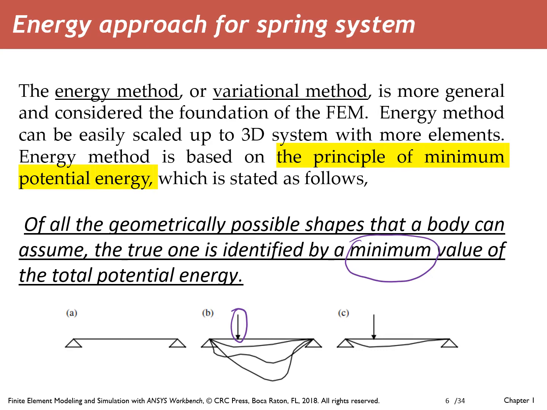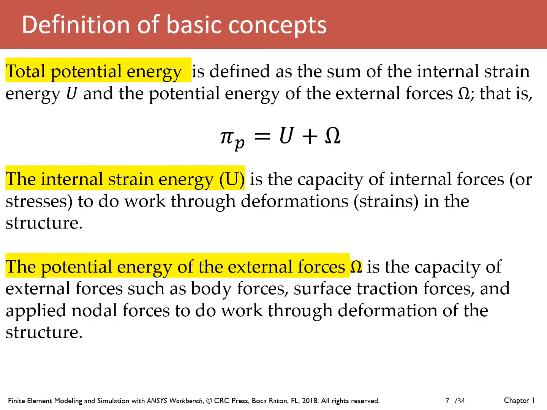Now the question is, what is total potential energy? How do we define it? Let's go to the next slide. Here we define the total potential energy. The total potential energy for a static structural system is defined as the sum of the internal energy, the internal strain energy, and the potential energy of the external force.